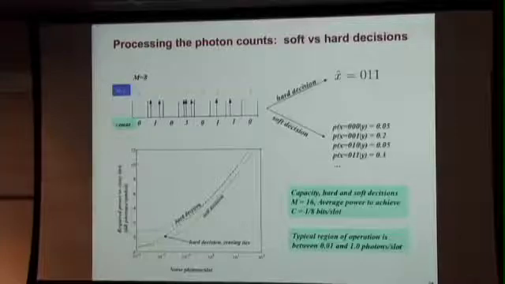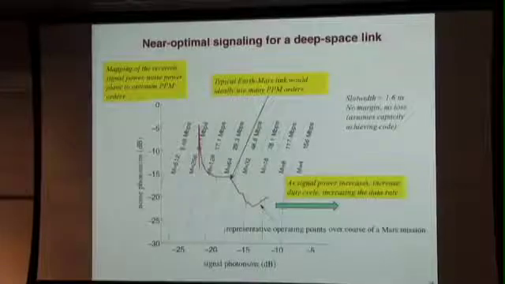What do you do in that case? Should you flip a coin, or should you just say it's a tie and call it an erasure? The same thing that you would get if you saw no counts anywhere. So basically, you do a little bit better if you erase the ties, but you do best of all if you do soft decisions.